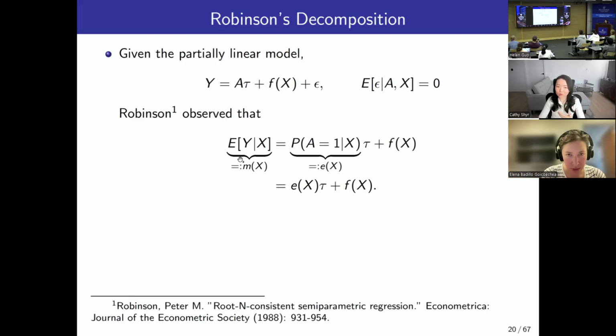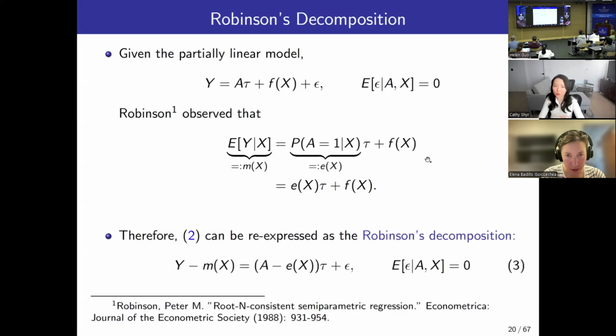We're going to denote the mean outcome given X as m of X on the left-hand side. On the right-hand side, we also take the conditional expectation given X. Here A is binary, so we have the propensity score e of X times tau plus f of X. Then we can do a little bit more algebraic manipulation.